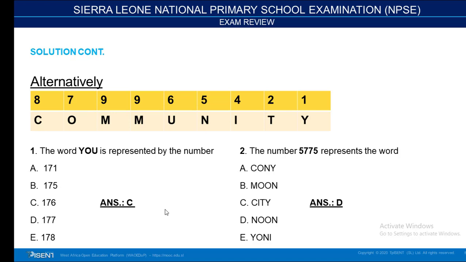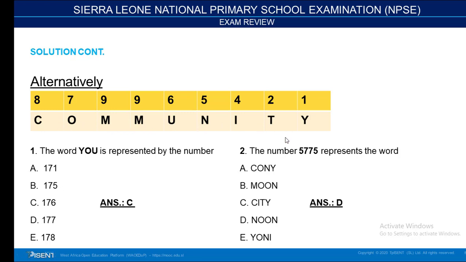Alternatively, if you don't want to do those lines, you can do a table. You do a table containing boxes that will be equal to the number of letters and the number of the digits we have. Doing these boxes, you indicate all the digits inside the box, each box for one digit, and same for the letters.